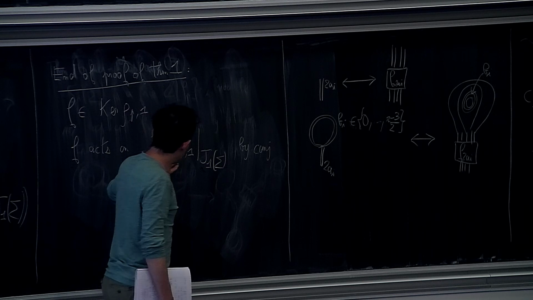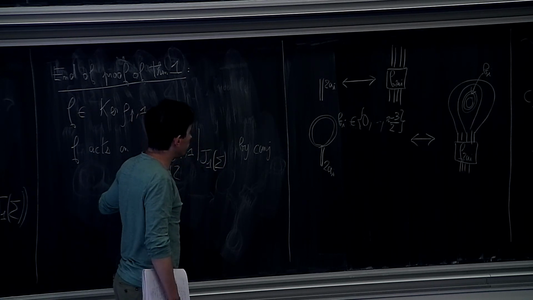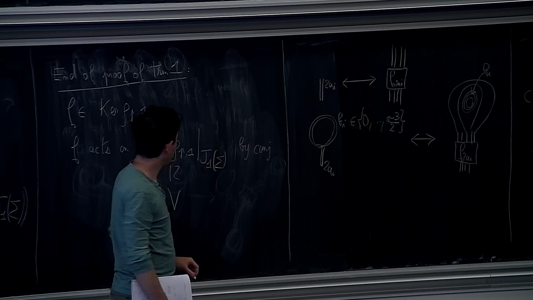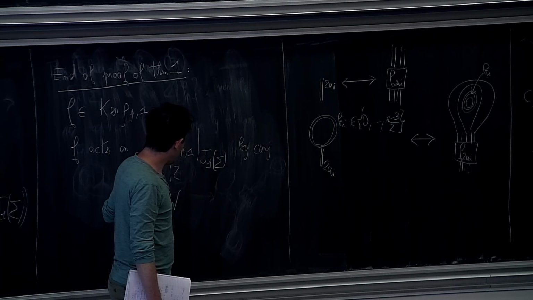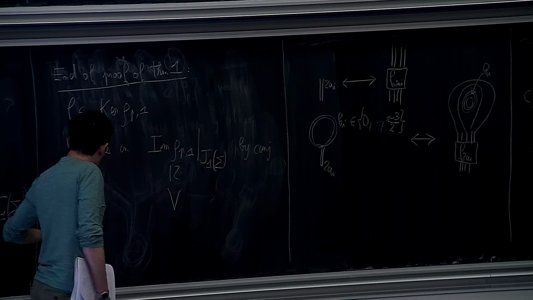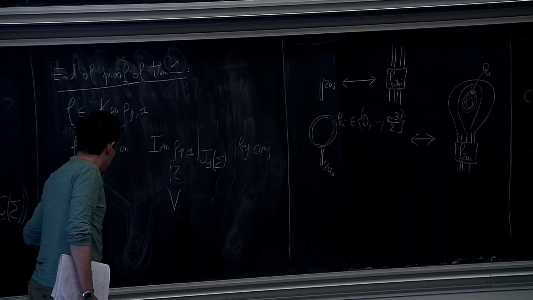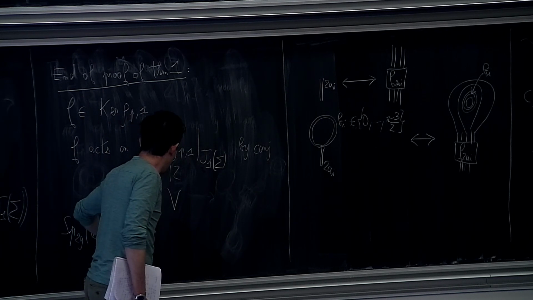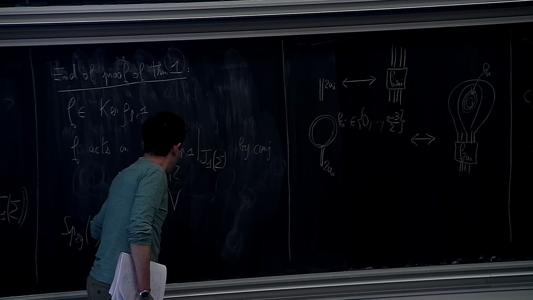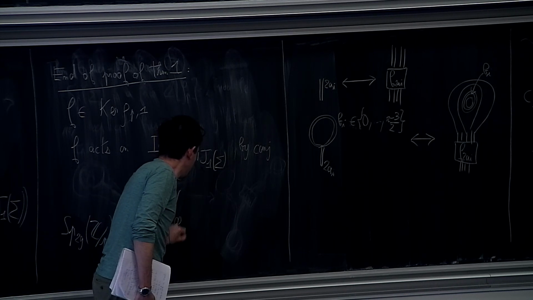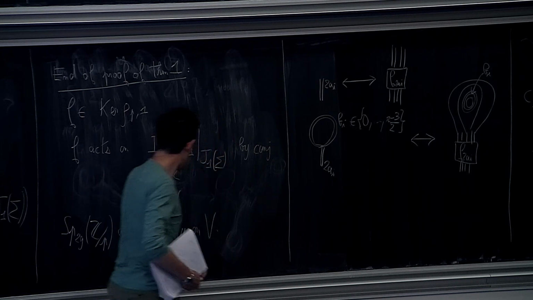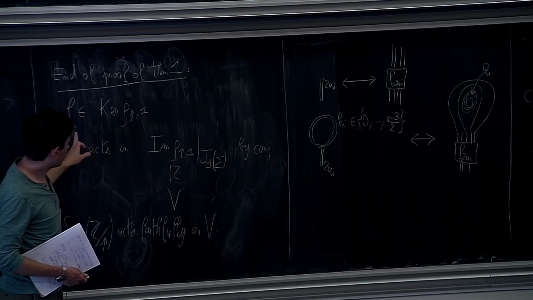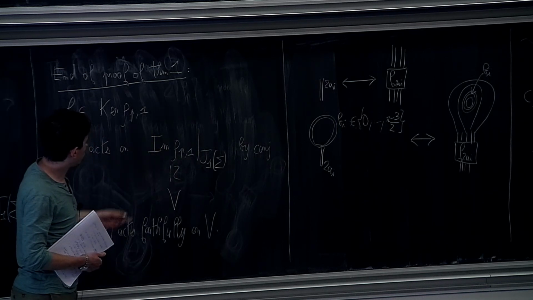Okay, but I know that this is isomorphic to V. And I know that here Sp2g Z mod p acts faithfully on V. So if my element here is in the kernel, it should act on this guy trivially.